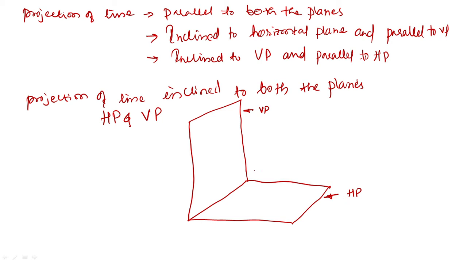Now let us consider a line AB, which is inclined to the horizontal plane at theta.